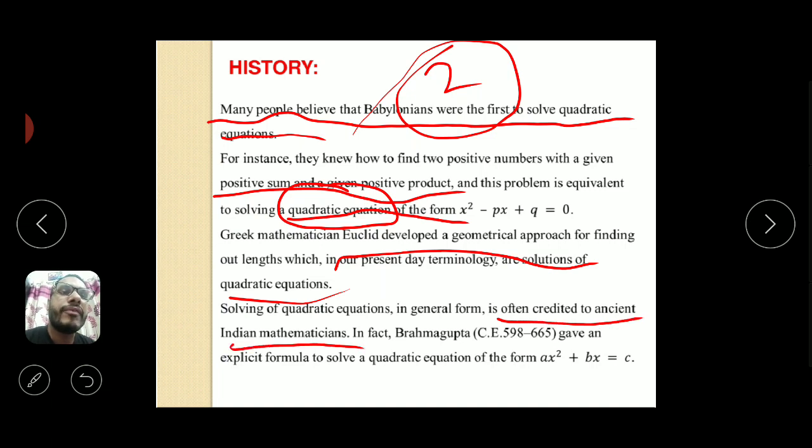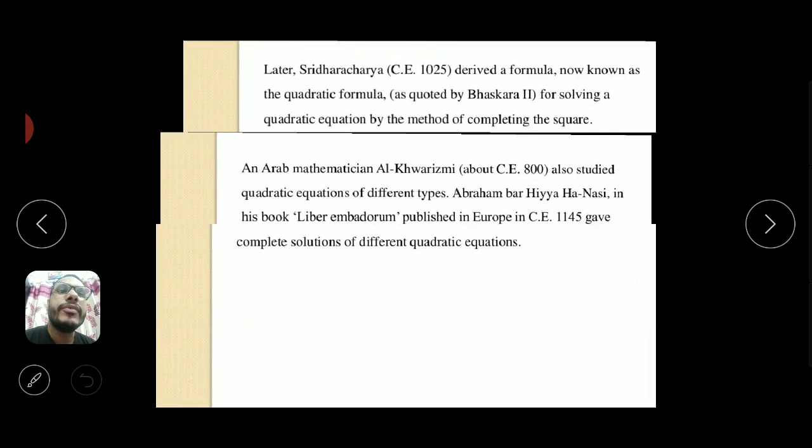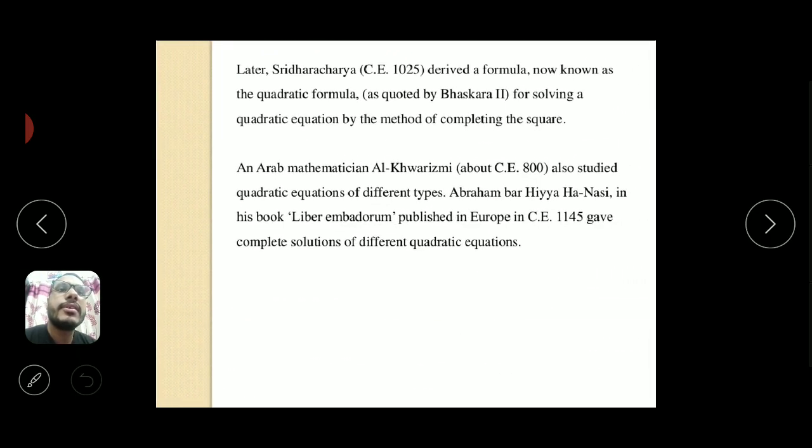In fact Brahmagupta gave an explicit formula to solve the quadratic equations of the form ax squared plus bx equals c. Later Sridhar Acharya derived a formula now known as the quadratic formula, for solving quadratic equations by the method of completing the square.